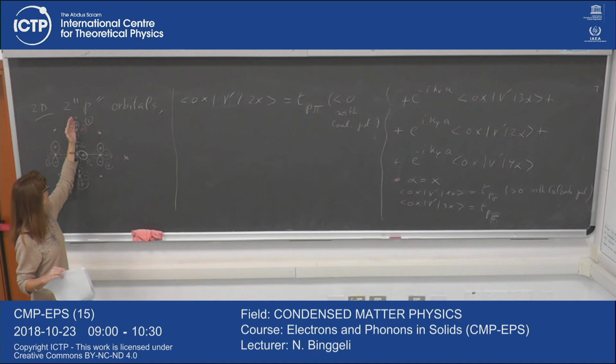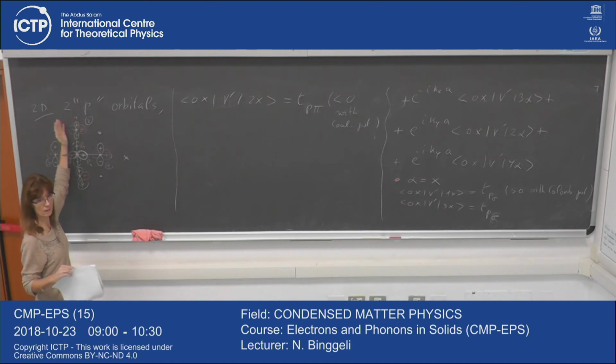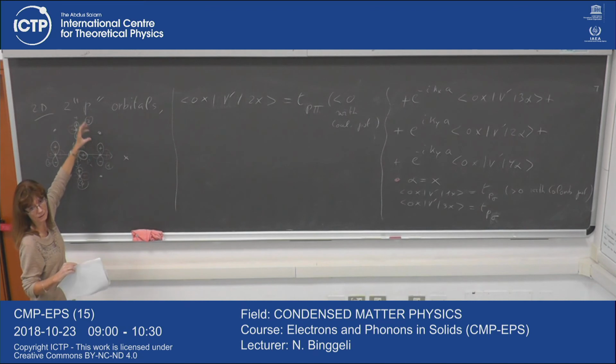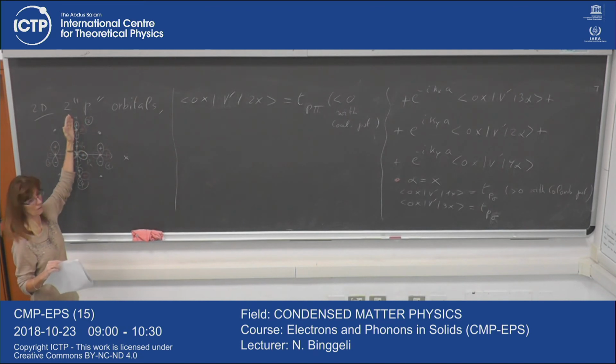On this side, if you ignore the other side of the space, you have only positive things, so their product has to be positive. On the right side of the plane here, you have only positive things, so their product can be only positive.